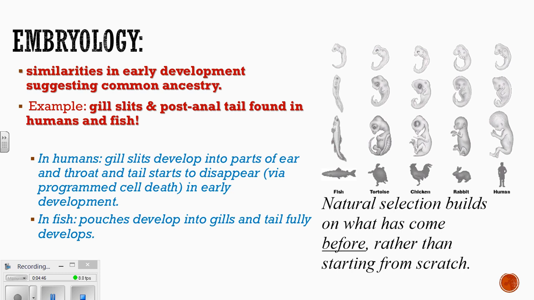In humans, gill slits develop into the parts of your ear and our throat, and luckily our tails disappear by the time you're born in most people. In fish, pouches develop into gills, and the tail does fully develop in a fish because, as you know, fish have tails.